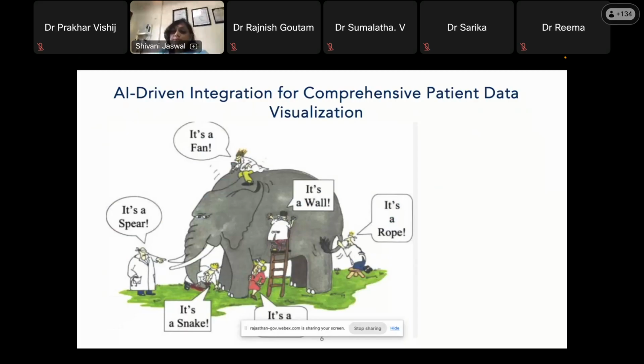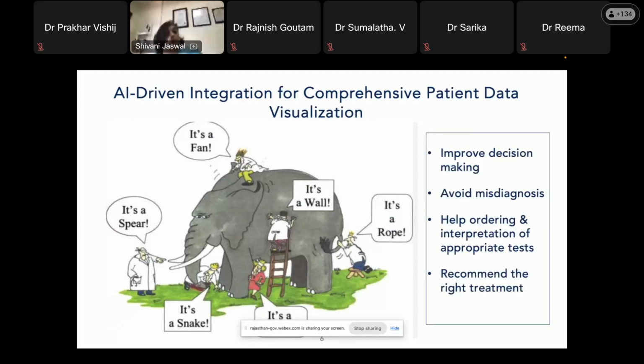So only then we will be able to help in improving the decision making, avoid misdiagnosis, also help in further ordering or interpretation of the test, and probably maybe even help in recommending the right treatment for the patient. So the aim is integration of all the data for a comprehensive visualization of the patient's condition.